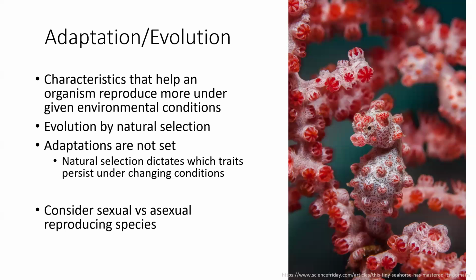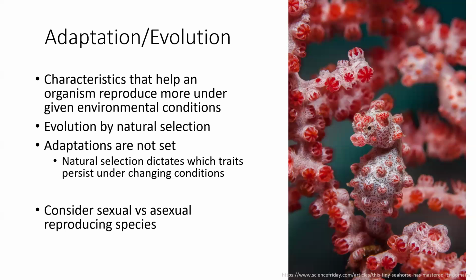I have maybe not a question, but kind of a challenging question if I was to ask you one. Consider sexual versus asexual reproducing species relative to evolution. I'm just going to tell you about this a little bit. We were just talking, sexual reproduction confers genetic variability, right? And genetic variability is the raw material for evolution.